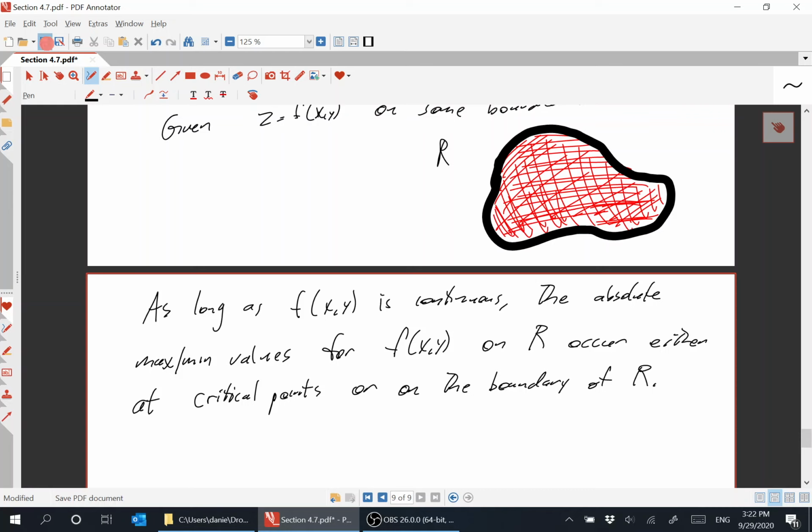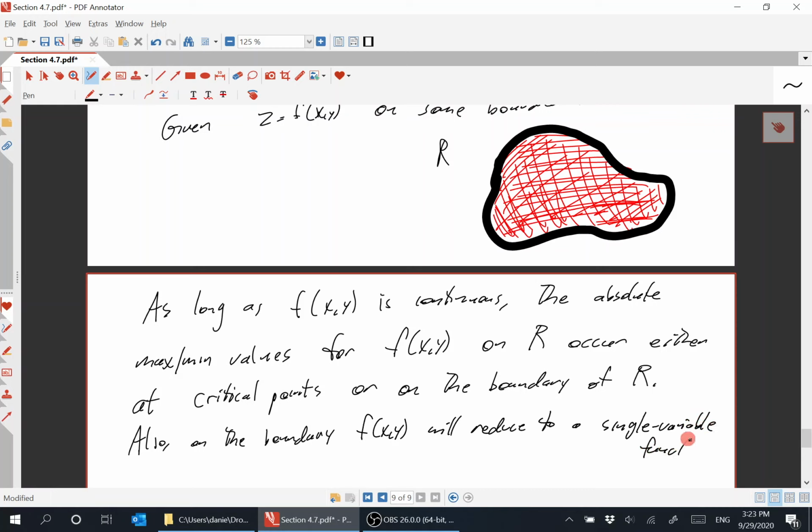Okay, they occur at critical points or on the boundary. And on the boundary, f(x,y) will reduce to a single variable function in some way. So you'll see that in just a little while here.